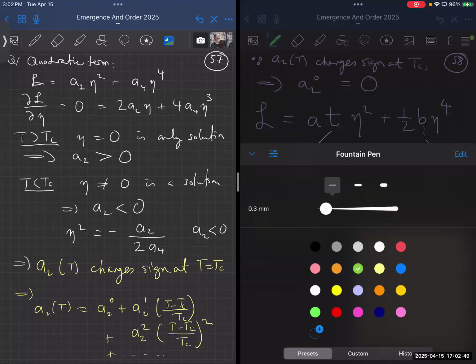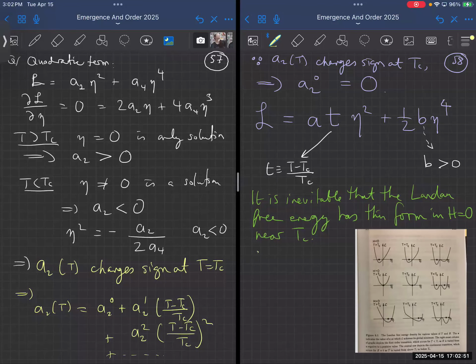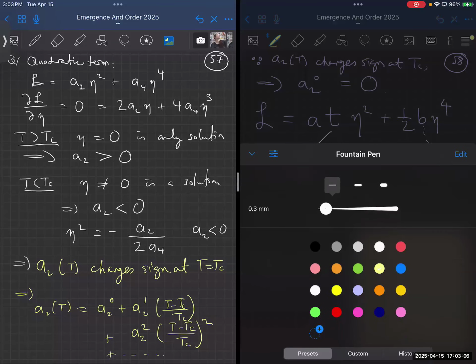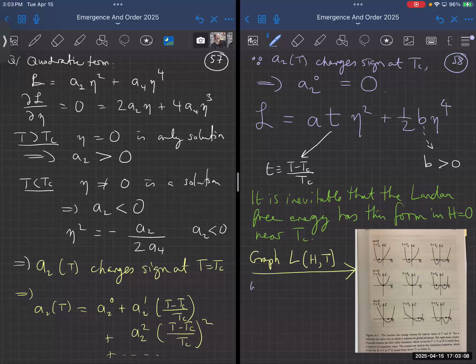So let's graph L as a function of H and T. And that's what we see here. And the question we want to ask is, what value of eta is the global minimum?